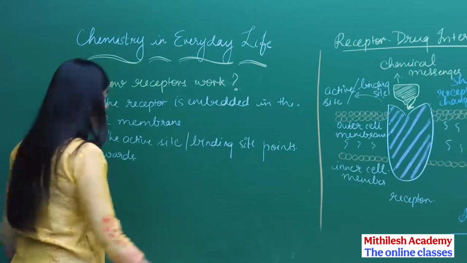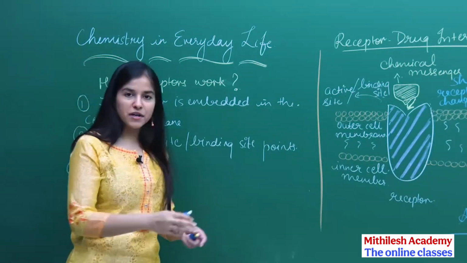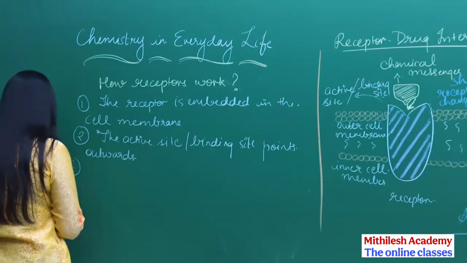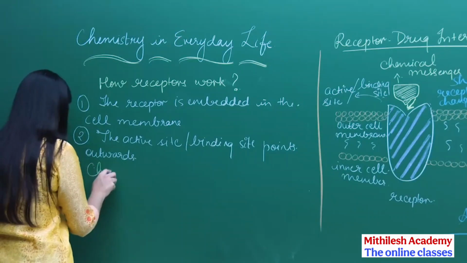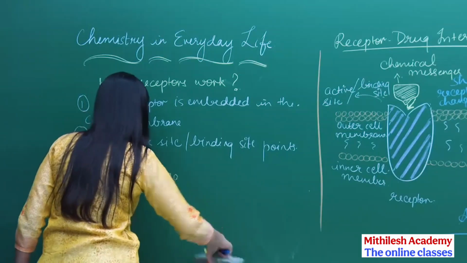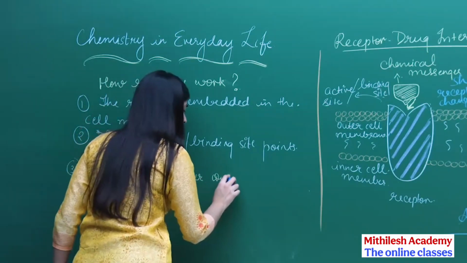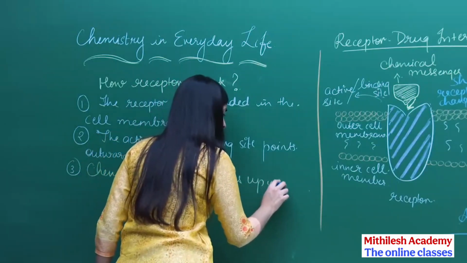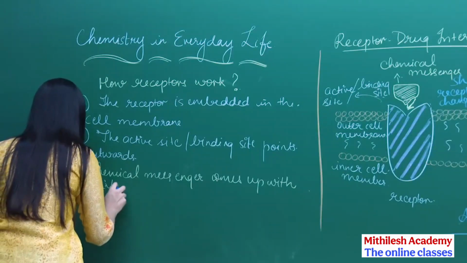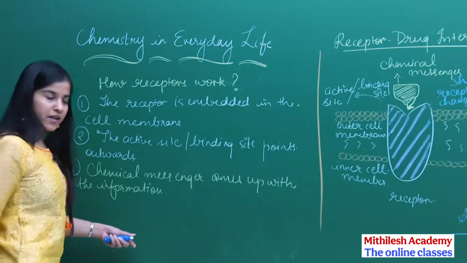What else do I need to have over here? Number 3 says now the chemical messenger comes up. So what is a chemical messenger? First I need to have the idea. The chemical messenger comes up with the information. So it came up with the information.